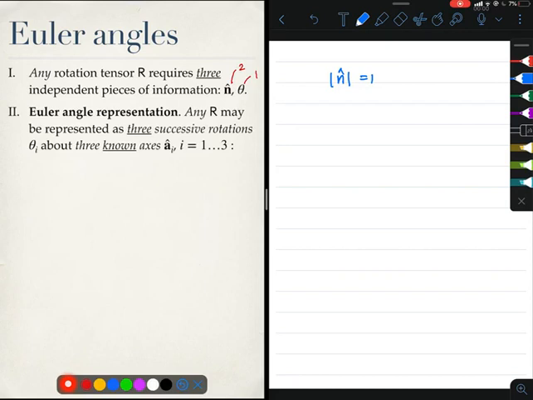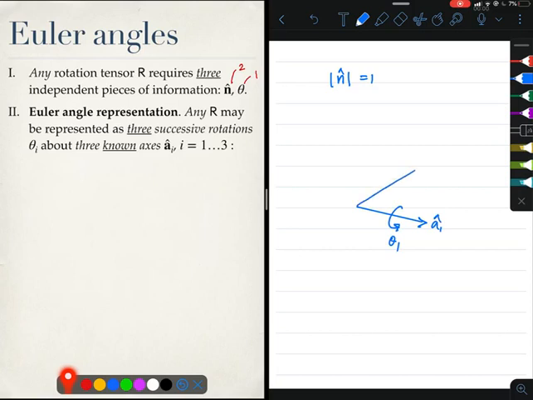Okay. Now we can then define the Euler angle representation as follows. Any rotation tensor can be represented as three successive rotations theta i, which are of unknown amounts, about three known axes a_i. So if I was to draw the picture for you, here is my first axis a1, rotate about a1 by theta 1.